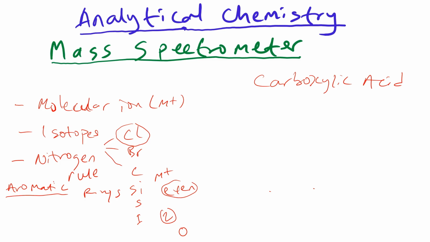The M+ is usually weak if they are straight chain, and they have a prominent peak at m/z 60. That's a giveaway that the compound contains a carboxylic acid.